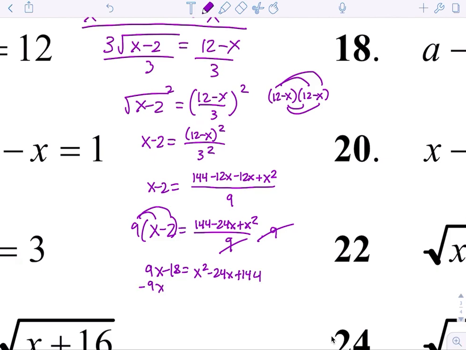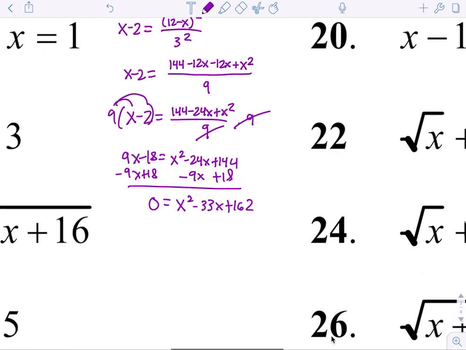Now I'm going to move both of these to the right-hand side. 0 is equal to x squared minus 33x plus 162. And when you guys factor that out, you're going to get x minus 6, x minus 27. So that means our answer is x is equal to 6 and 27.